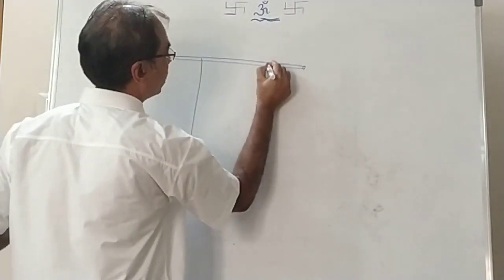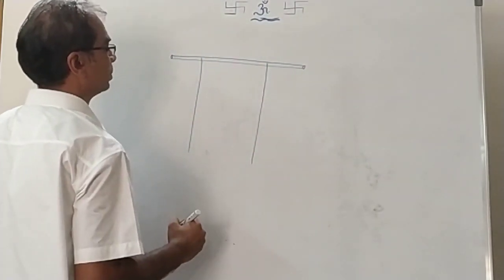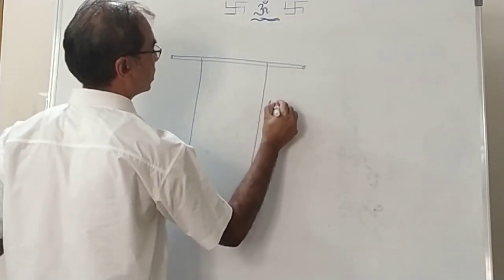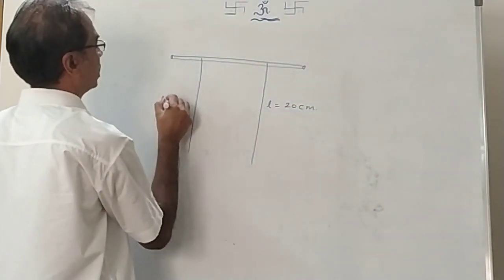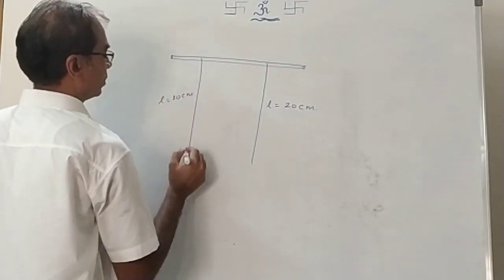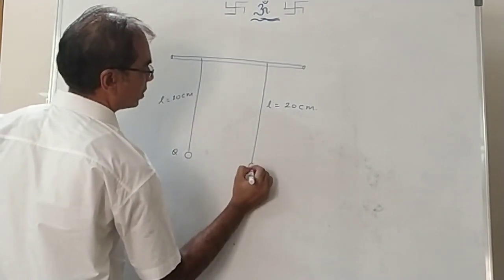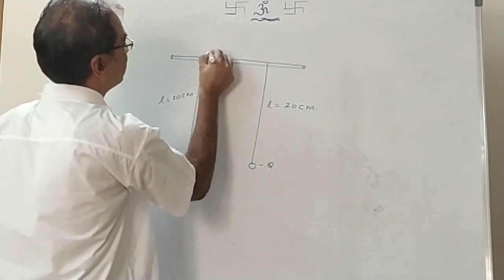One charge is over here, the other charge is over here. Let's take the values. L is 20 centimeter, here also L is 20 centimeter. Here the charge is Q and here the charge is minus Q, and the separation is 5 centimeter.